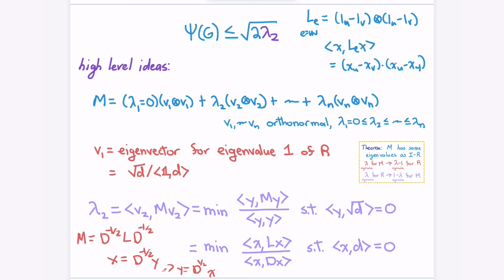And then L is the sum of these terms, for every edge times the weight. So x is some kind of potentials on the vertices, and it's just, for every edge, looking at the difference of the endpoints squared. If it's a weighted graph, it'll be a weighted sum of these L_e's.